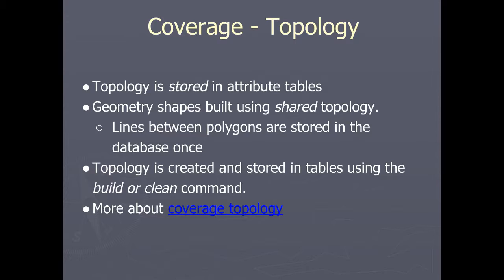So all these spatial relationships, the topology stored in tables, were created this way using a couple of different commands, the build and the clean commands specifically. You can learn a little bit more about coverage topology by reading in the ArcGIS resources. And we'll learn about geodatabase topology later in the course.